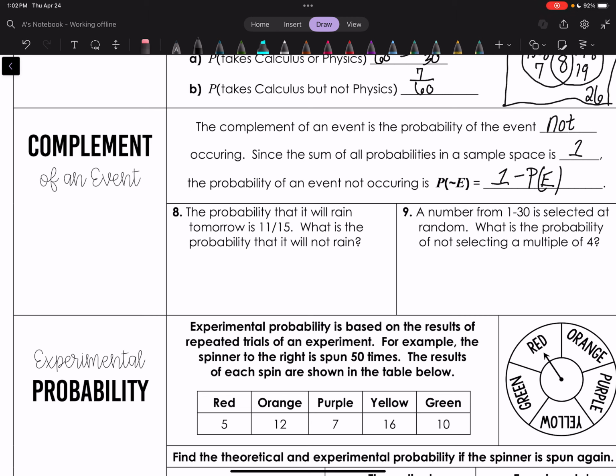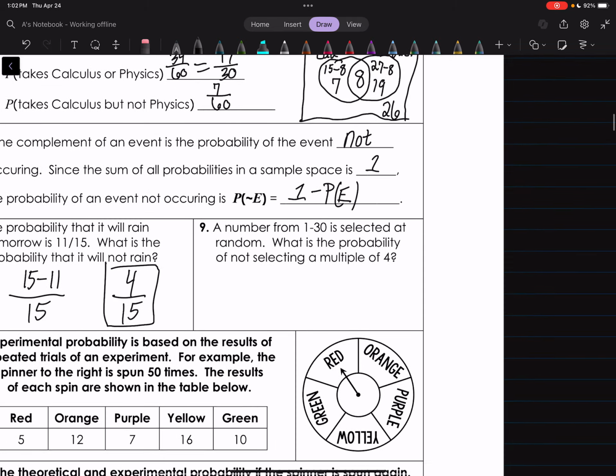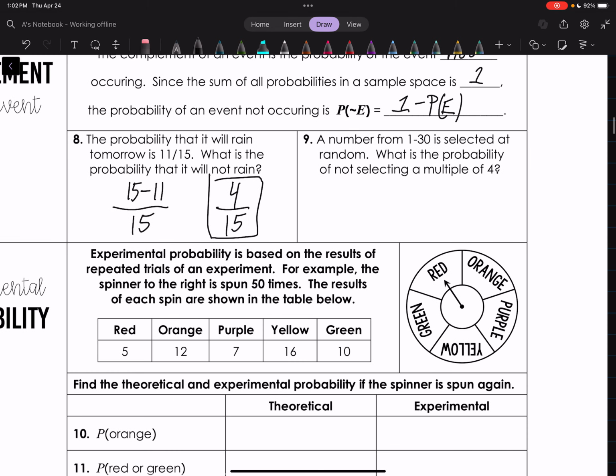It could be snowing, but it's not raining. So the probability of rain is 11 out of 15. The probability that it's not going to rain is going to be 15 minus 11 over 15, which is 4 over 15. Finished.